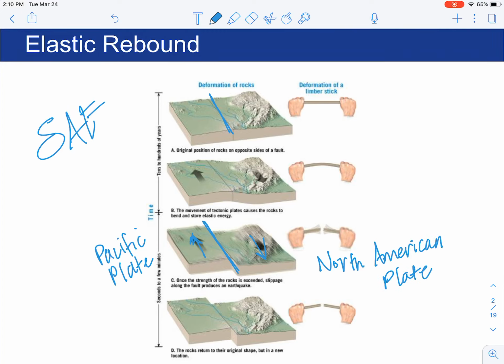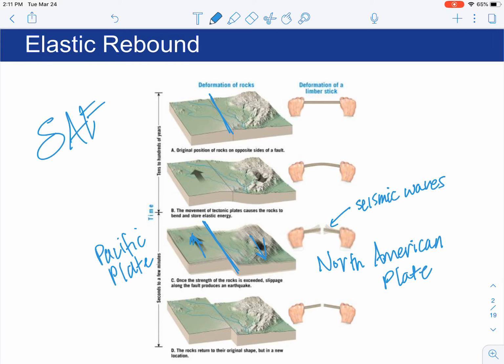And it's that displacement that causes a release of energy in the form of seismic waves. So in our analogy, that bouncing back and forth of our dowel rod or stick would be like those seismic waves radiating out from the earthquake epicenter. So it's not just one bounce and then rebound, it's a series of those.